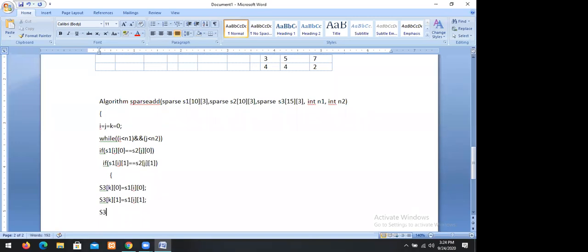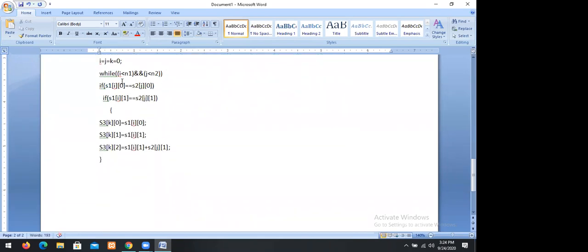S3 of k second column equal to S1 of i second column plus S2 of j second column. First we check the row numbers.